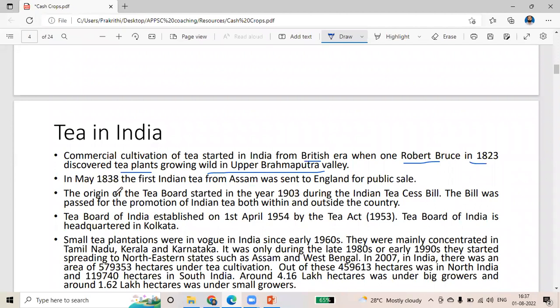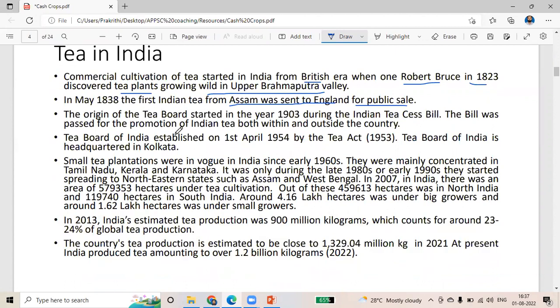The Brahmaputra Valley is mainly in the Assam region. So in 1838, the first Indian tea from Assam was sent to England for public sale. So the commercial cultivation started mainly from the Assam region, in the northeastern part of India. The second landmark is 1903, when the origin of the tea board started.